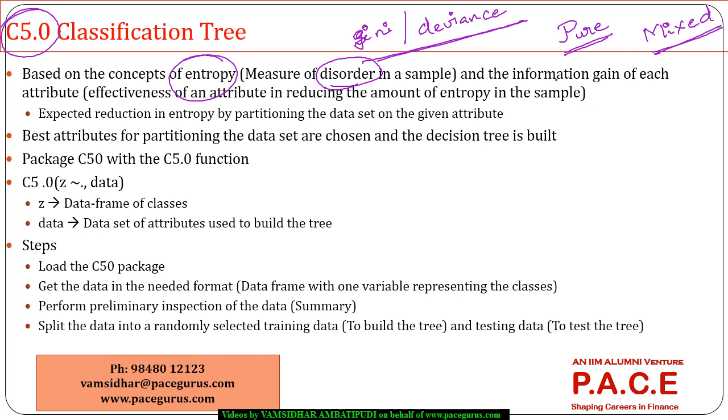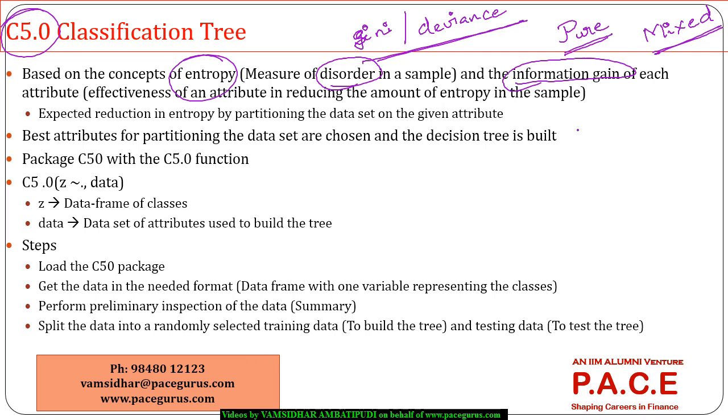What is the proportion that the observations are pure in a particular split versus what is the chance that they are mixed in a particular split. So there is a concept of entropy, there is a formula for it, right? And you can very well check out all those things.